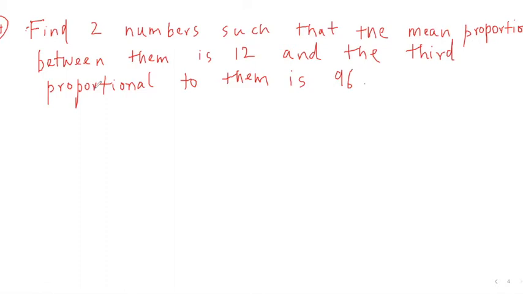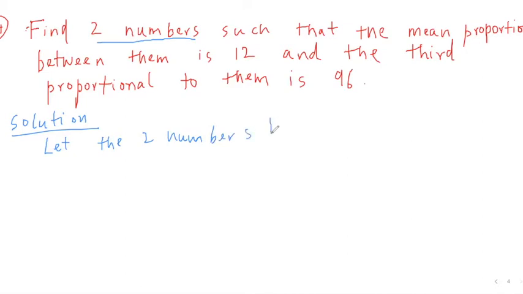Yeah, you can correct. Let's assume that it says find two numbers. Let the two numbers be A and B. Now tell me what's the next step going to be?